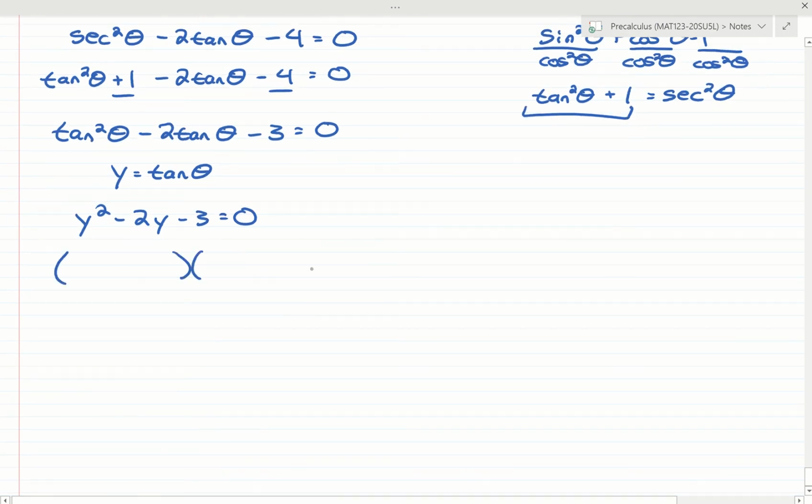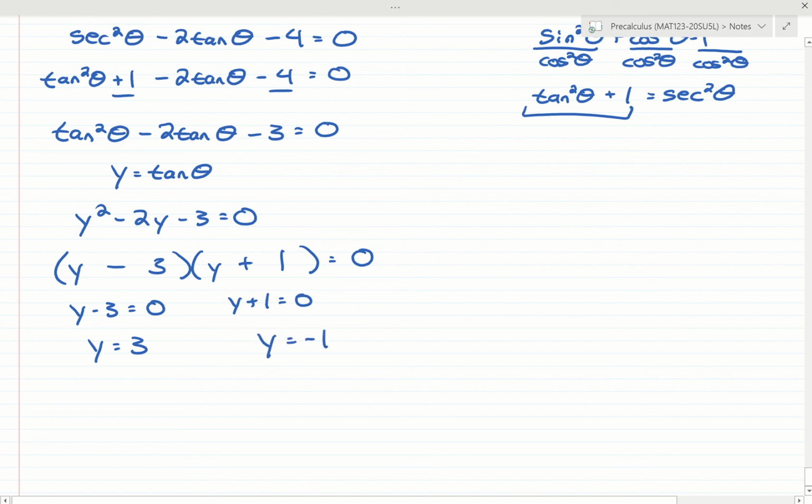And we could factor this. This would be y and y, 3 and 1. So we get y minus 3 is equal to 0, or y is equal to 3. y plus 1 is equal to 0, or y is equal to negative 1.